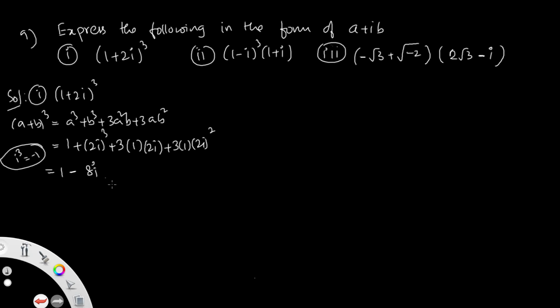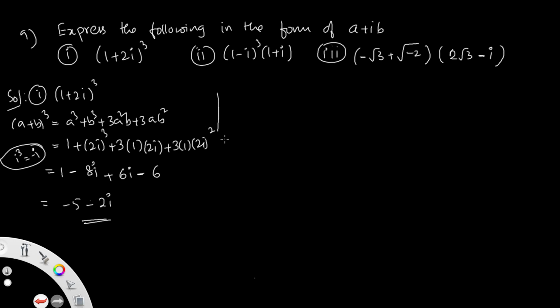So minus 8i plus 6i. Next, i square is minus 1, that is minus 6. So that is minus 5 plus minus 2i. This is the value for (1 plus 2i) whole cube.